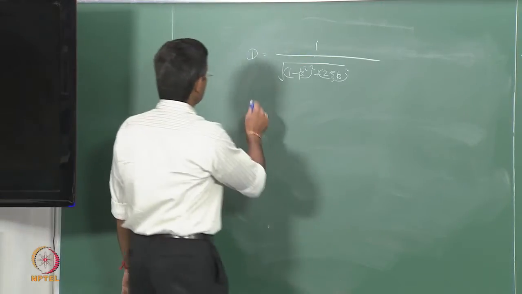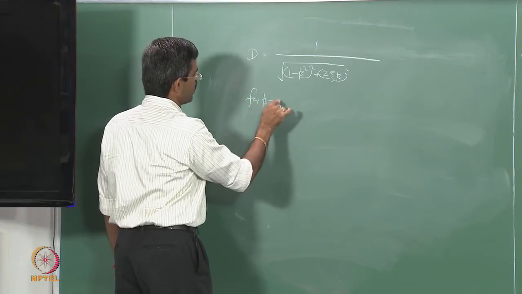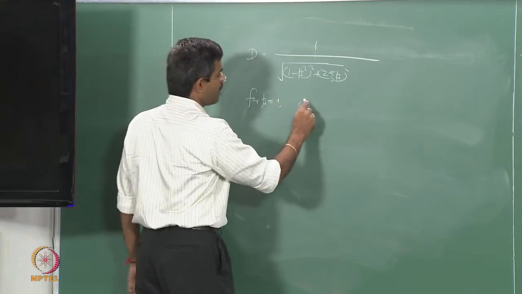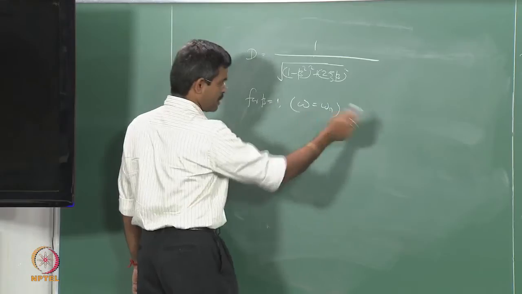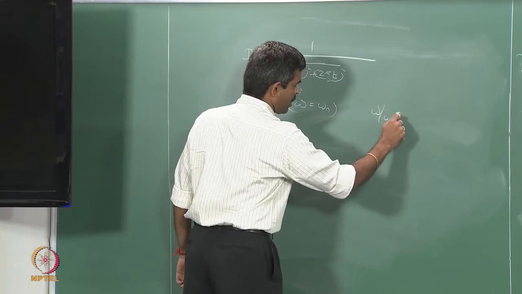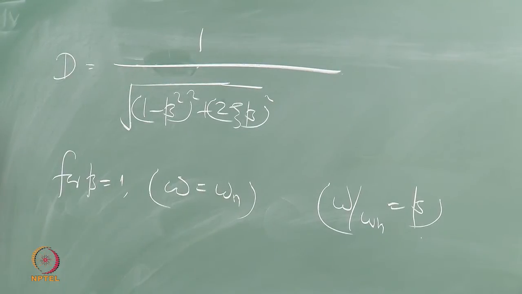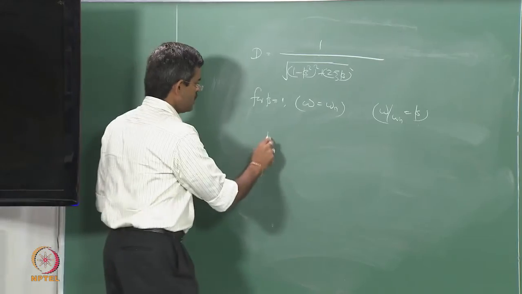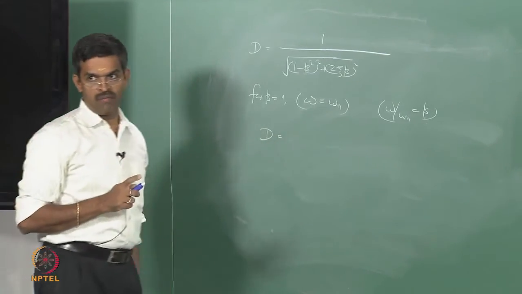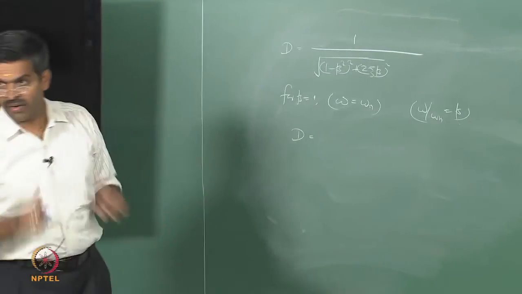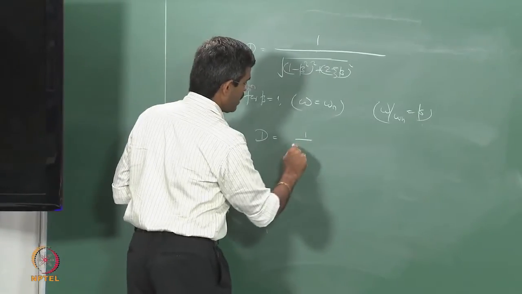We also know for beta equals 1, what does it mean? Omega equals omega n, because omega by omega n is beta. Substitute, you will see the maximum amplification what you will get from this case at resonance is 1 by 2 zeta.